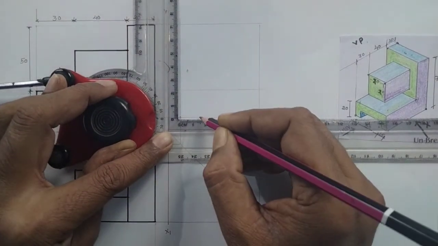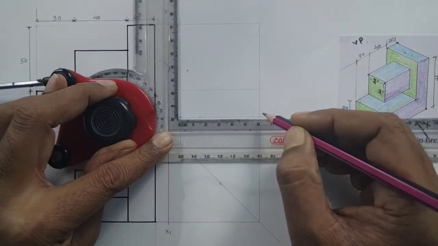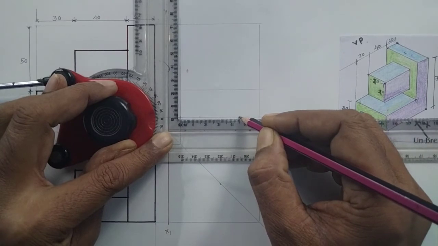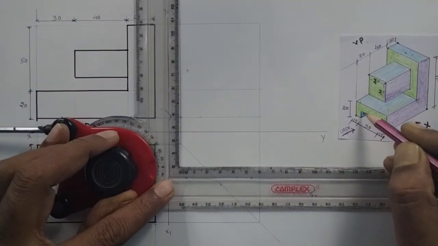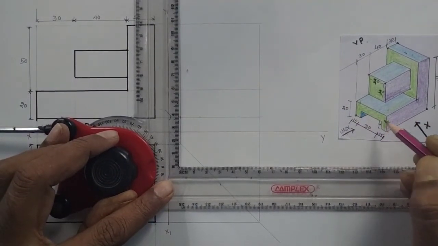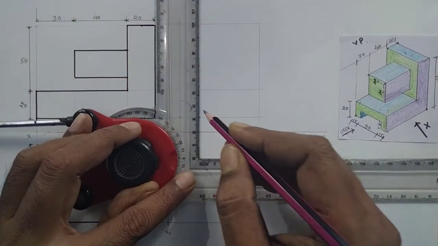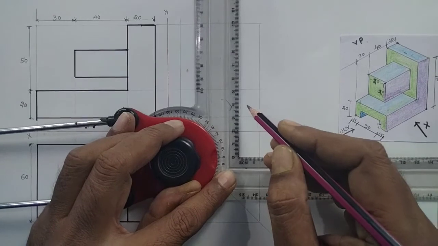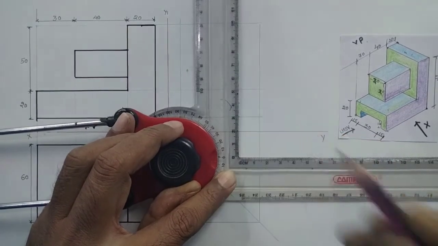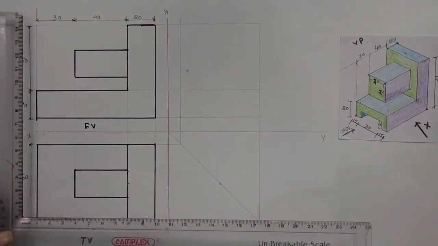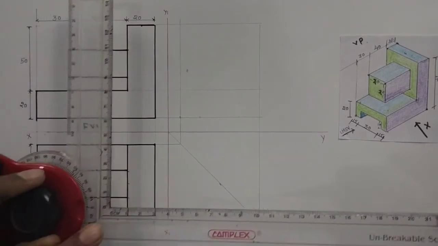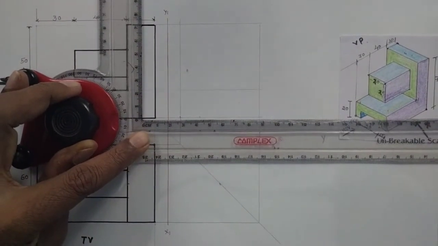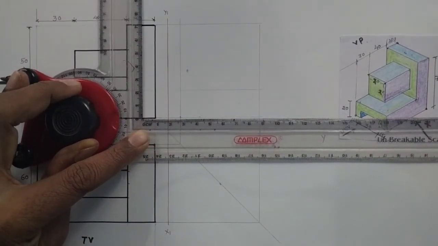So I mark the 15 mm points from both sides, and here there is a small height, it is given as 10 mm. You can mark your 10 mm height point on both sides.